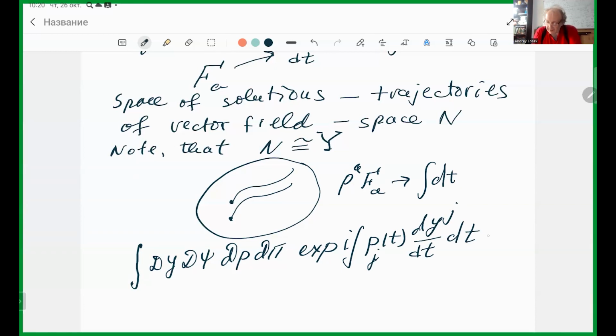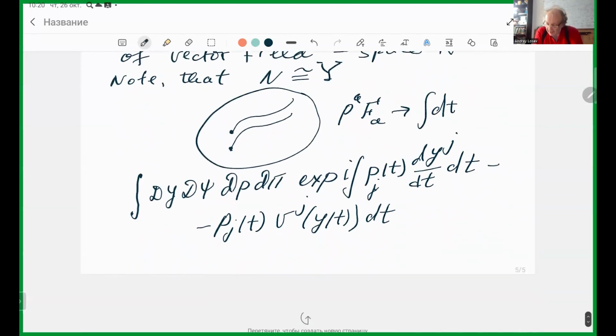That's the first piece. And there is the second piece, and here I have the vector field. So this is what we call the bosonic piece.